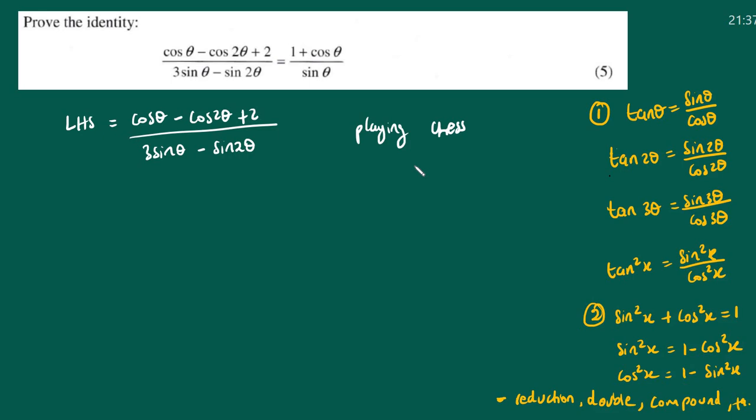Because the chess players move 5 steps, 6 steps ahead of their opponent in an effort to win the game. They have to move and predict moves, right? Way ahead. So in a similar manner, on identities, you do have to predict what your outcomes will be if you do this, but you must do it in your head first before solving the problem, to be honest with you guys.